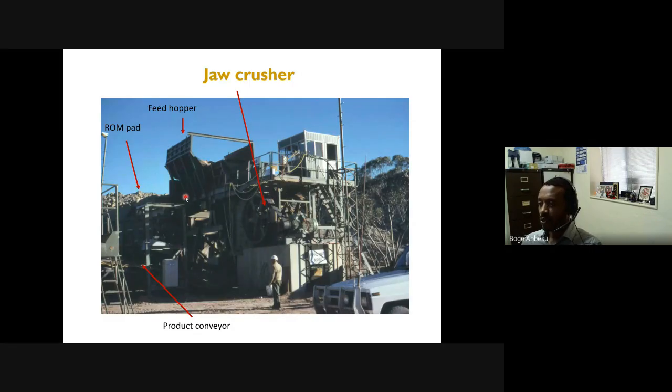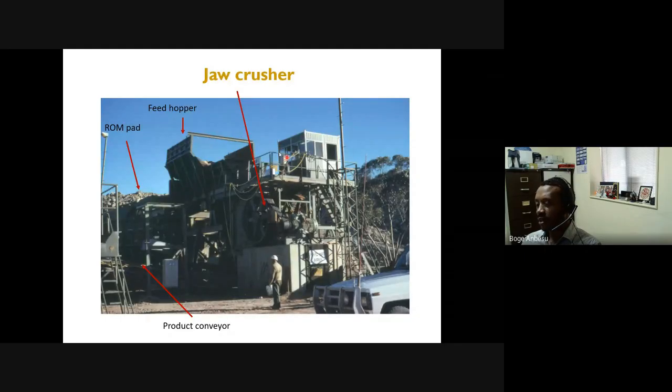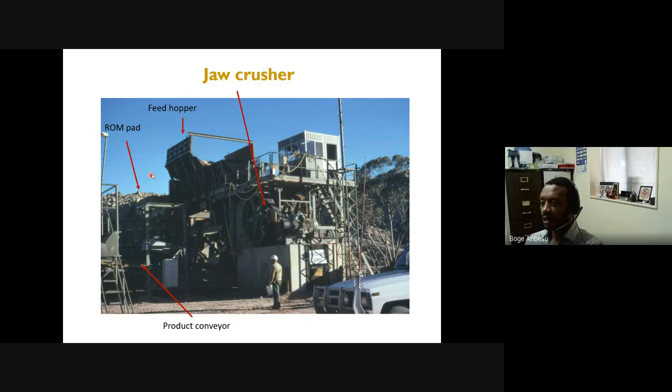Usually they enclose it in a nice construction and you only see this area, but this one is nice and open. So this is where the feed is. You could have, for example, a truck feeding the jaw crusher here, and that's where the crushing happens.